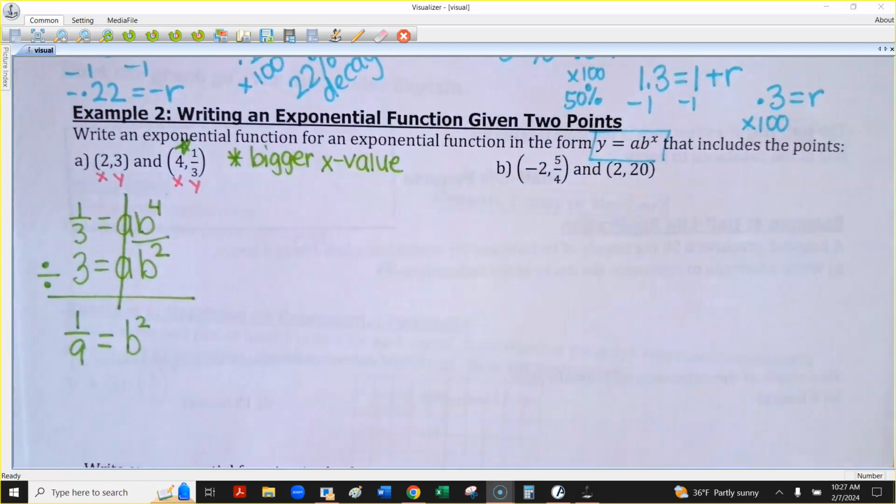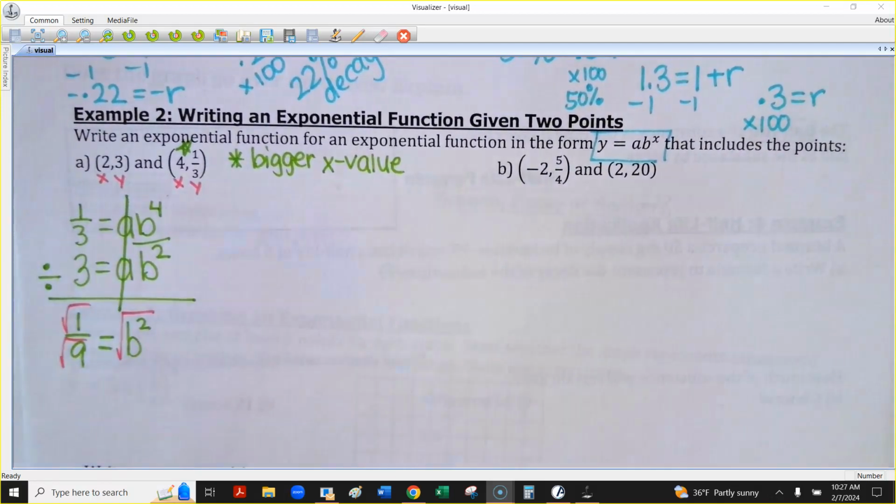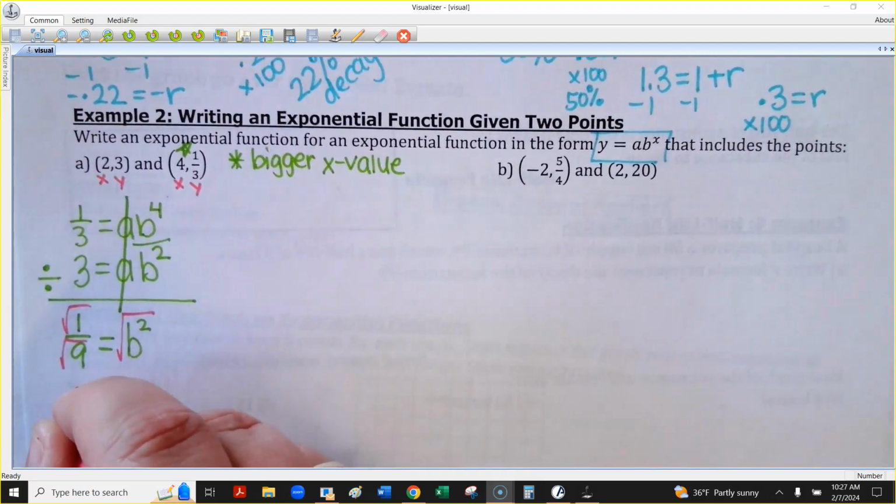Now remember, my b value is not allowed to be negative. All I'm going to do to solve this is take a square root, but when I do that, we're not going to put a plus and minus, because by definition, if you're working with an exponential, the b value cannot be negative. So we're not going to put a plus and minus. What's the square root of 1? What's the square root of 9?